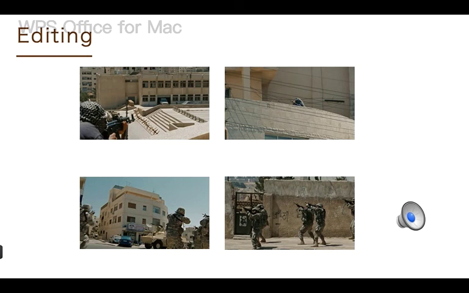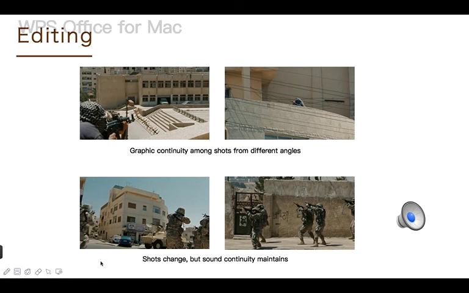Another important technique used by the director is continuity editing. More specifically, this extract used both graphical continuity and sound continuity. One way used by the director to make the film is to unfold many of its scenes from many different perspectives. This delivers the impression that the story is constructed from different viewers' angles, thus enhancing the authenticity and truthfulness of this film.